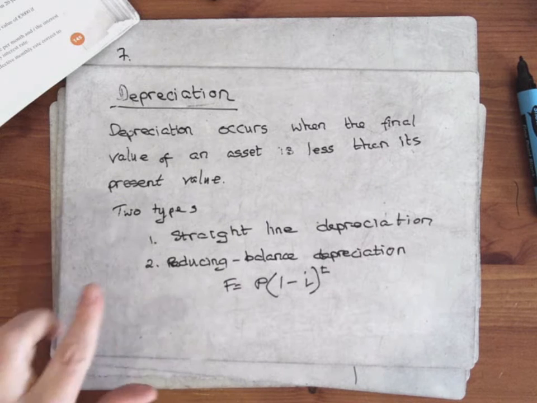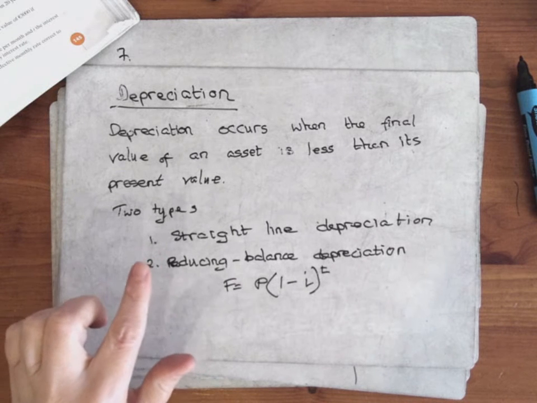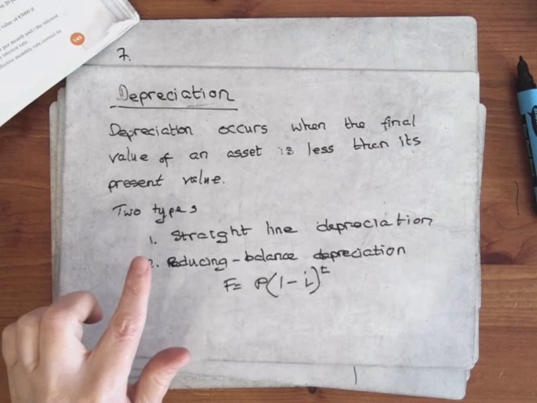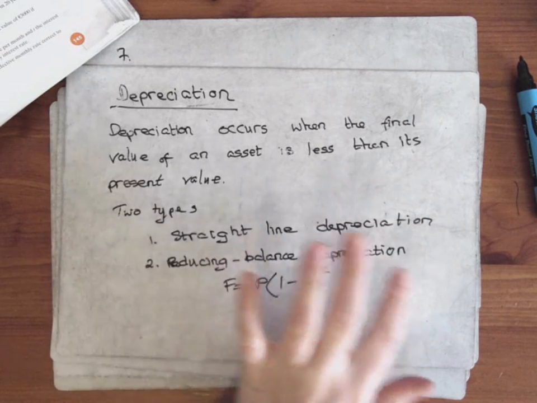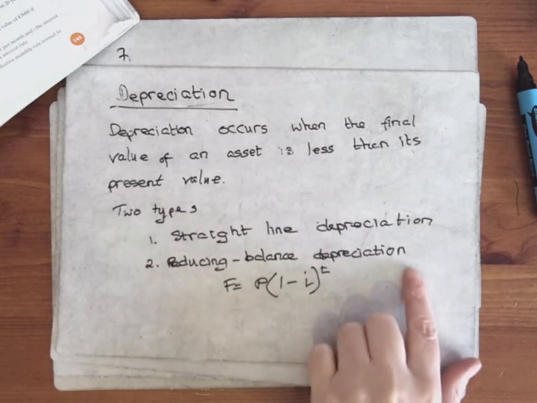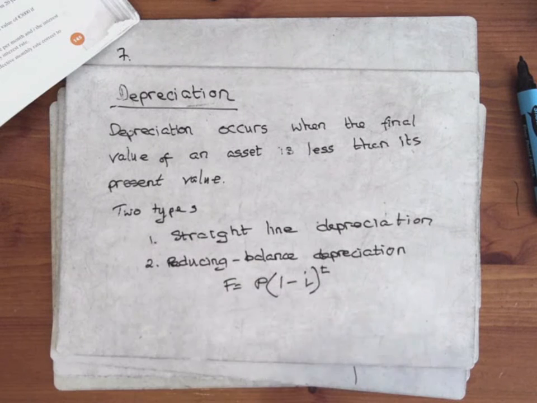Right? Okay, there are two types of depreciation, straight line depreciation and reducing balance depreciation, which is the one we're interested in. Straight line depreciation means it uses a set value every year. So for example, you might lose 500 euros every year.